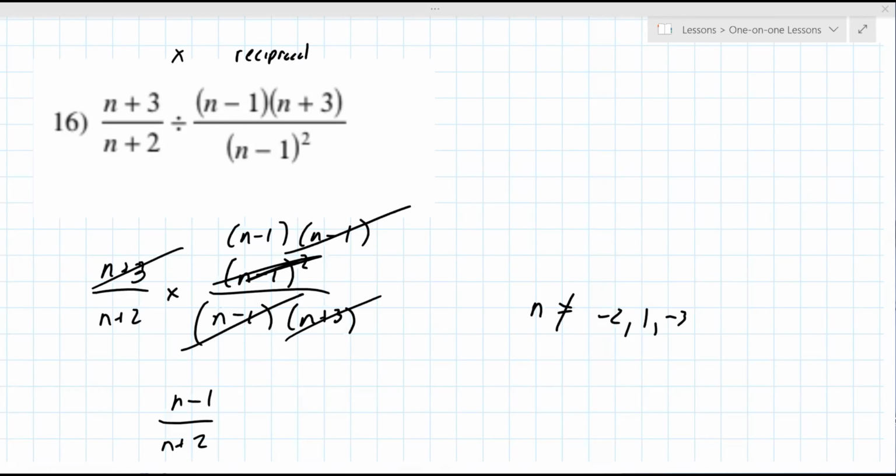All right. Got 18. X minus 8 over x plus 6 times x minus 8. Multiply that by 4x times x plus 10 over x plus 10. X cannot equal negative 6, negative 10, or 8.